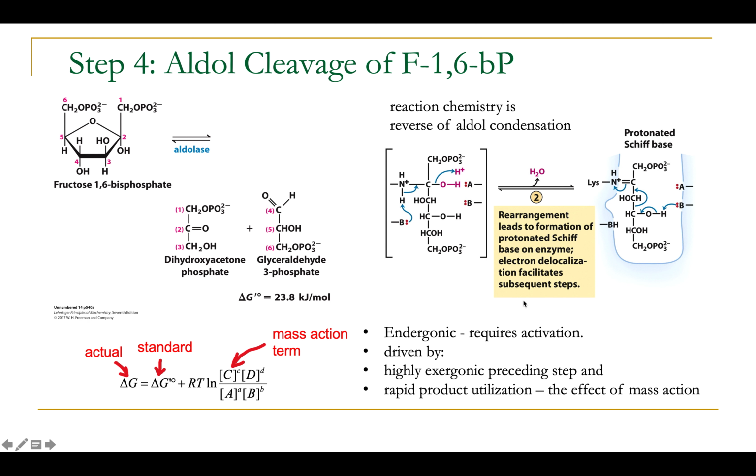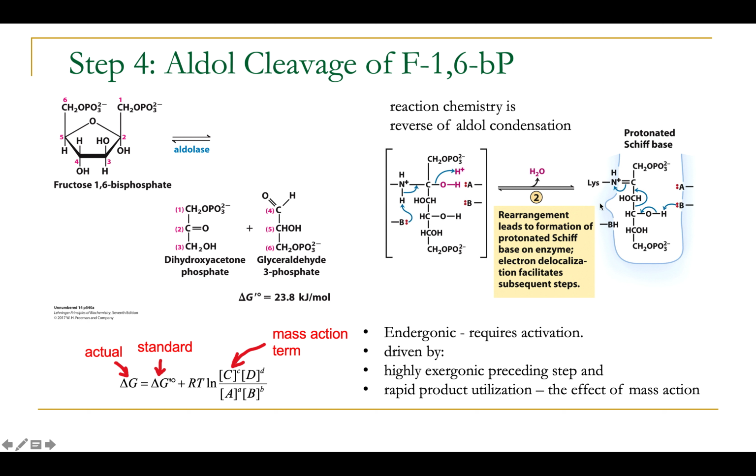The catalytic mechanism of aldolase is quite complex, and it is an example of covalent catalysis. In a critical step, the lysine residue within the enzyme active site forms a Schiff base with the second carbon in the substrate.